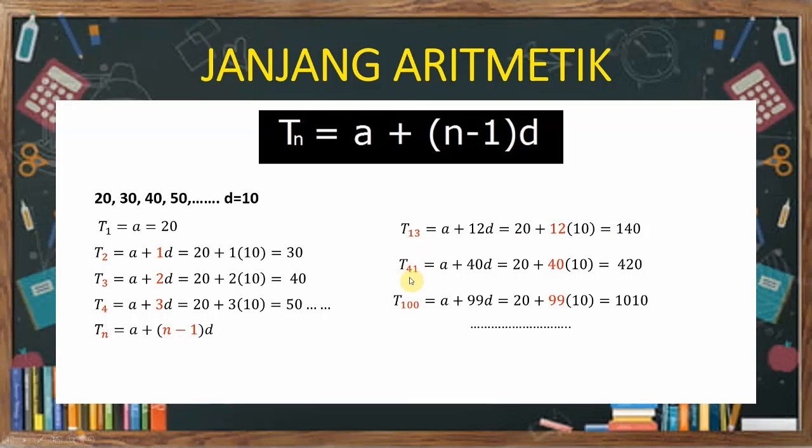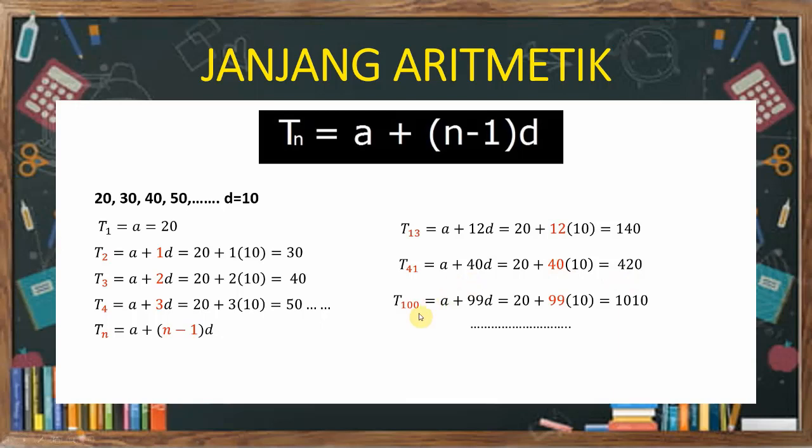Okay, next, if you would like to find out what is the 41st term, it is A plus 40D, where A is 20 plus 40 times D, which is 10, and you will get 420 immediately without listing out all the 41 terms.